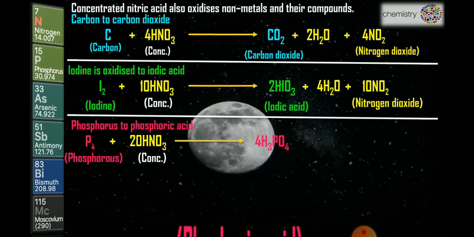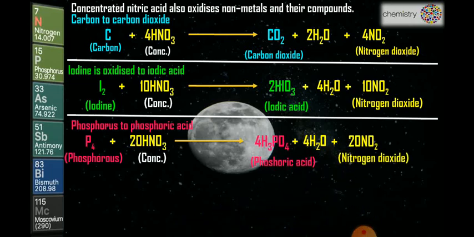H3PO4 is phosphoric acid. Byproduct is water, 4H2O, along with the formation of nitrogen dioxide, 20NO2. The equation is P4 plus 20HNO3 gives 4H3PO4 plus 4H2O plus 20NO2.